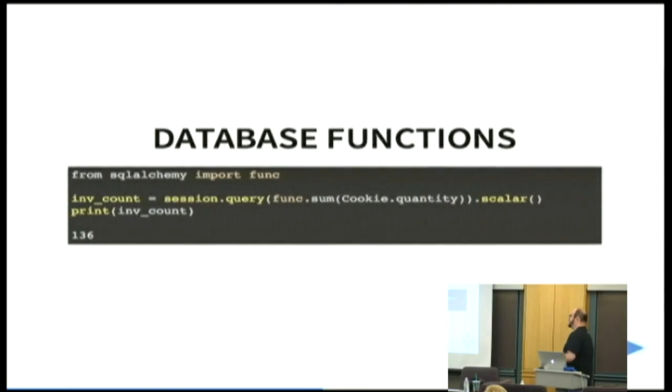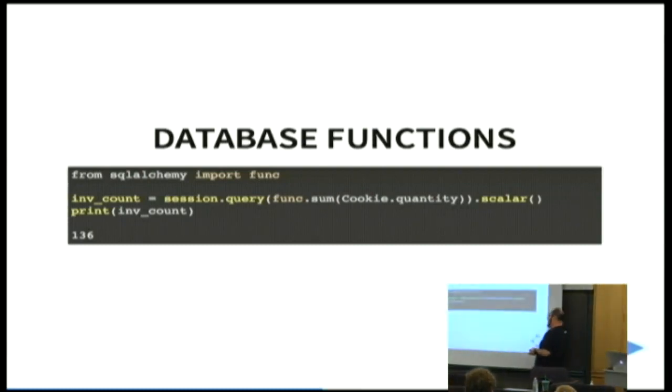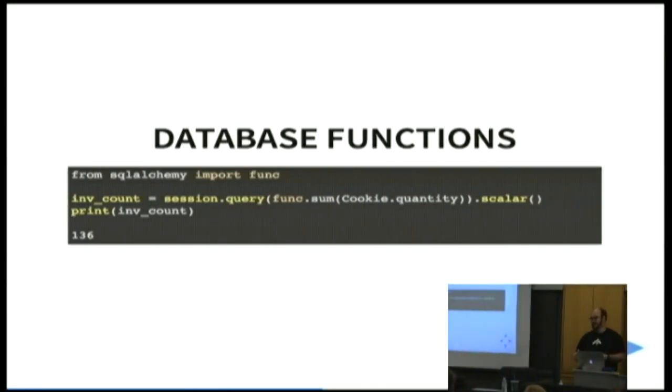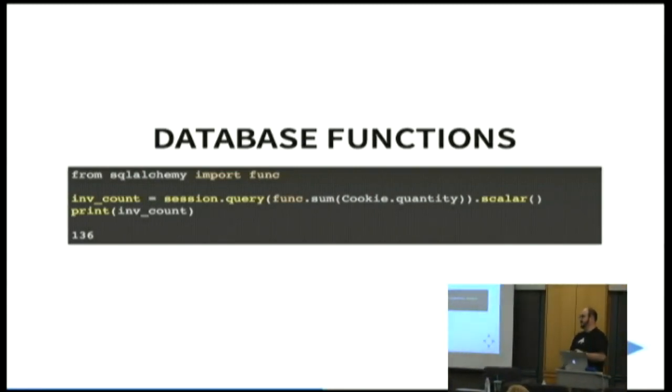Speaking of functions, some things are just way more efficient to let the database do, right? So in this case, we're calling the function sum. So from SQLAlchemy, import func. Now, func is not a module. func is a module generator. Anybody run into those somewhere before? NumPy, SciPy, a lot of places where you see this. So what func actually does is it knows what the session is connected to from an engine perspective.